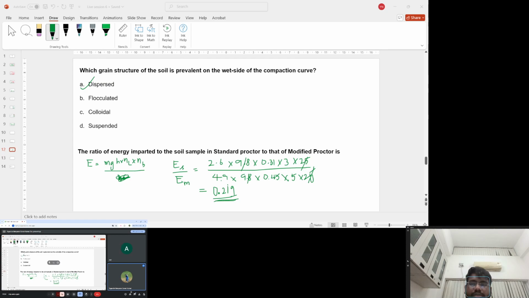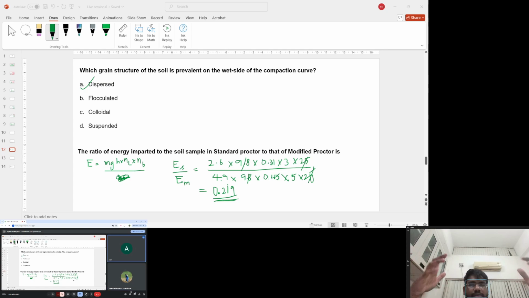There are many miniature compaction apparatus available. If you take that, it will be like a small toy. The entire compaction setup will be like a triaxial sample only.